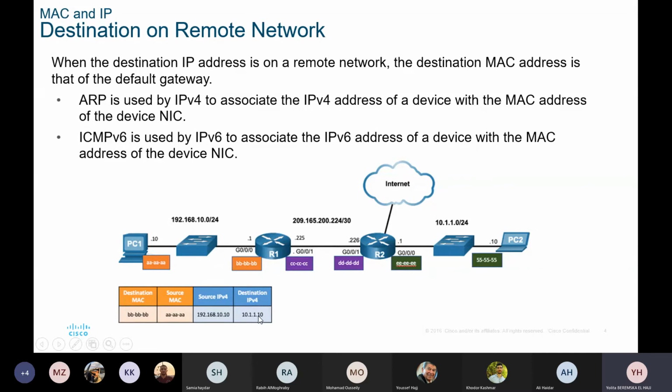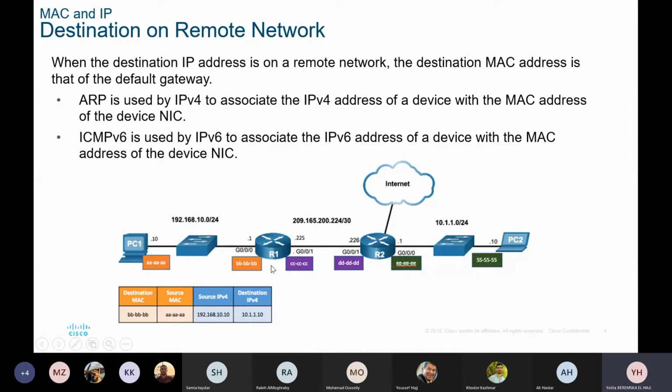So in this case, what is going to be done? R1 will look up the routing table and find that 10.1.1.10 is part of this network, and it is going to forward it to this interface, G0/1.